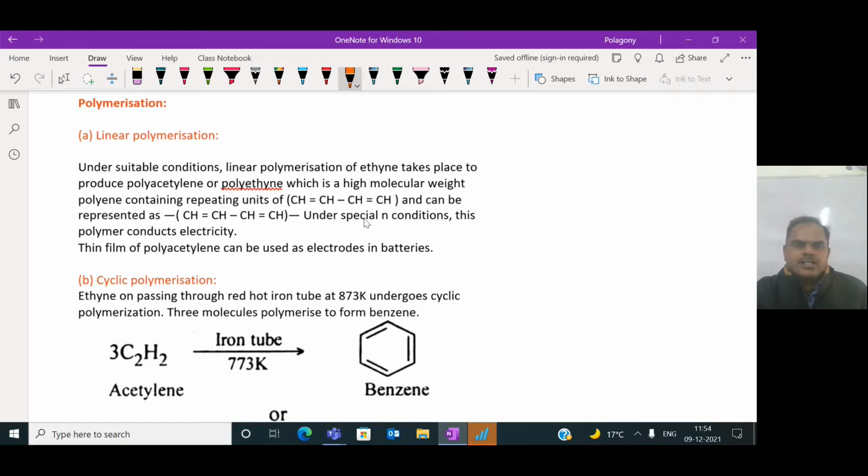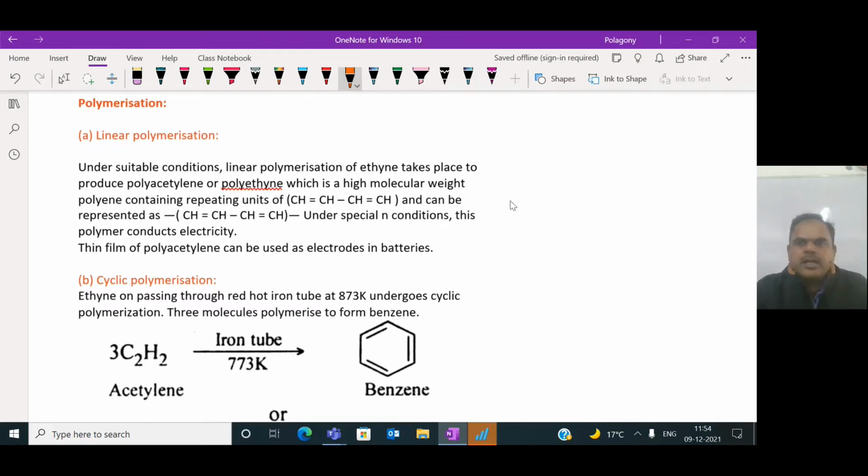Under special conditions, this polymer conducts electricity. The very important thing to discuss is that the polymers of alkynes have semiconducting or electrical conducting properties. A thin film of polyacetylene can be used as electrodes in batteries. That is the advantage of linear polymerization.